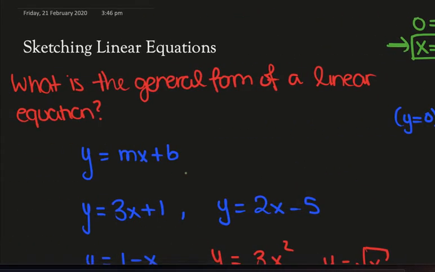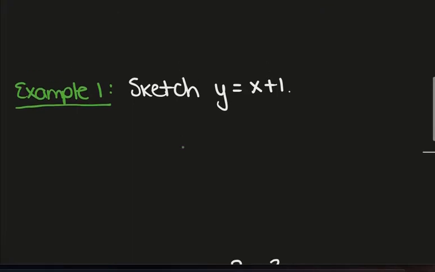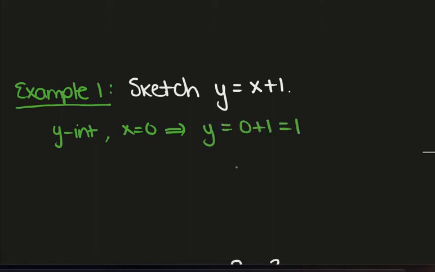Okay, so let's try a concrete example. Let's look at sketching y equals x plus 1. So the y-intercept occurs when x equals 0. So we see that y equals 0 plus 1, which equals 1. So the coordinate for the y-intercept is 0, 1.